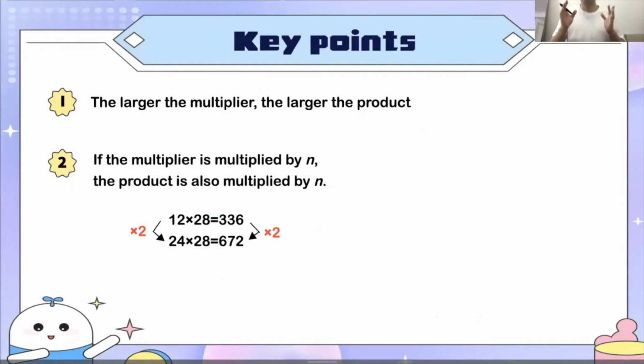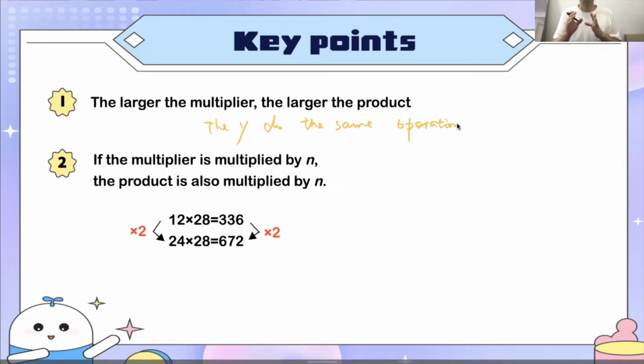The larger the multiplier, the larger the product. It means they do the same operation. When we do one operation on a multiplier, we will do the same operation on the product.